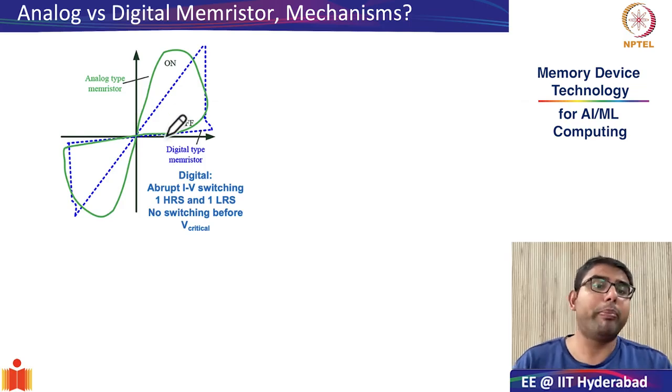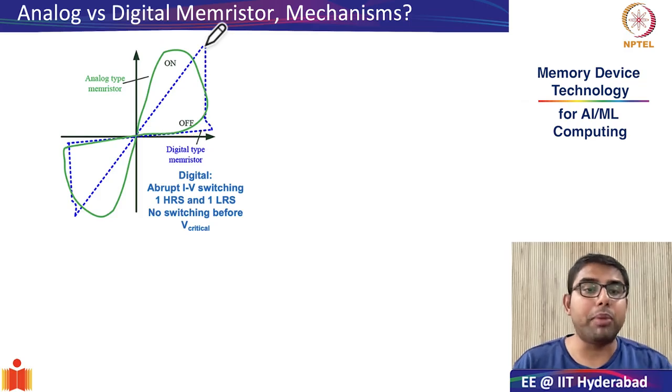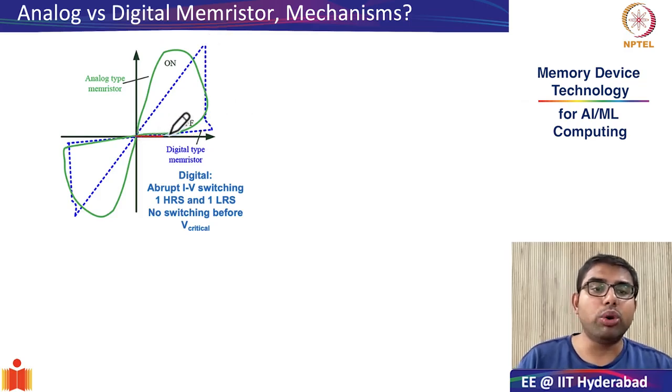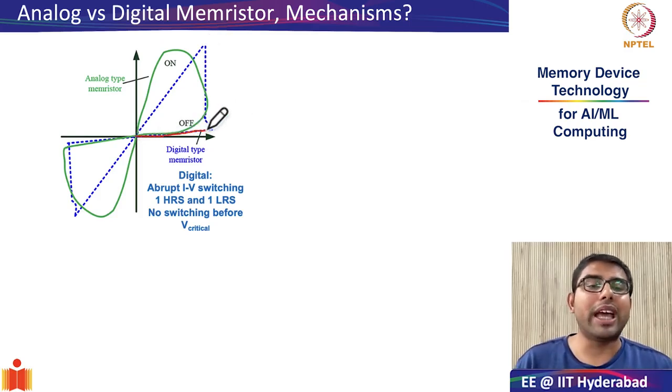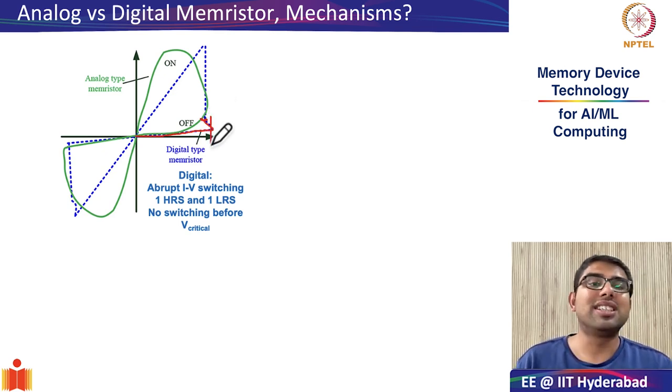So we begin by understanding the digital memristor. As you can see, the primary feature of this digital memristor is that it has abrupt switching in its IV characteristics. What I mean by abrupt switching is that initially you don't see anything happening. It behaves like a high resistive element, and suddenly something happens at something called the set voltage.